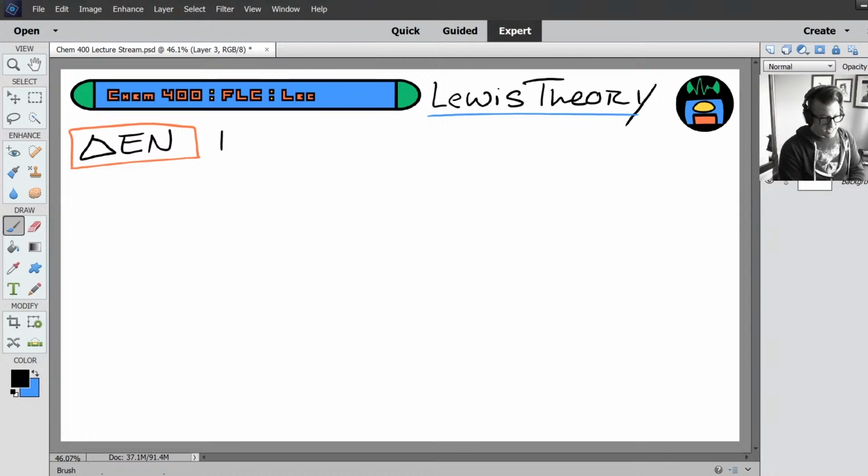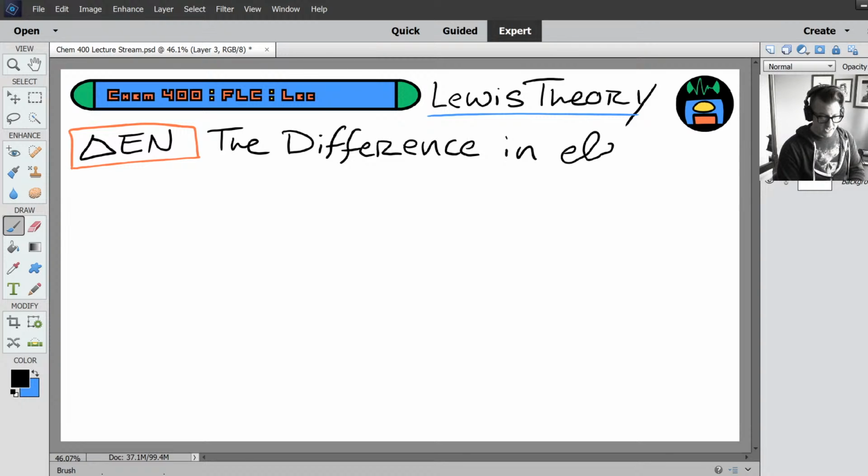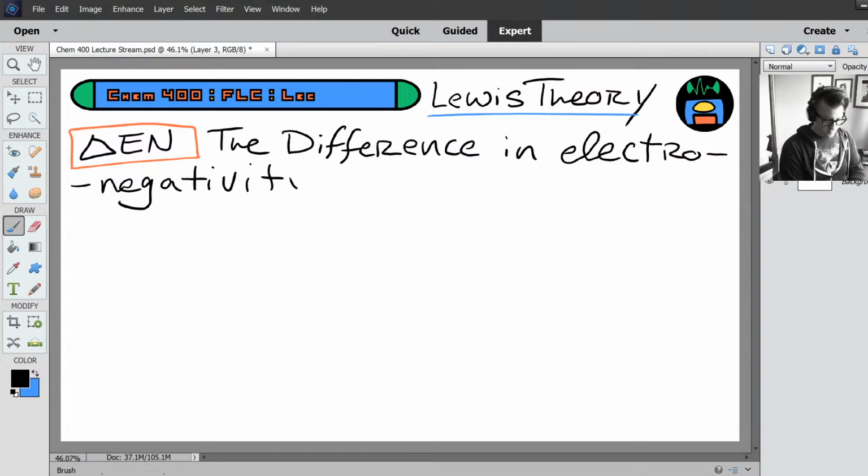So this is the difference in electronegativity. ΔEN: EN stands for electronegativity, and that delta is difference.